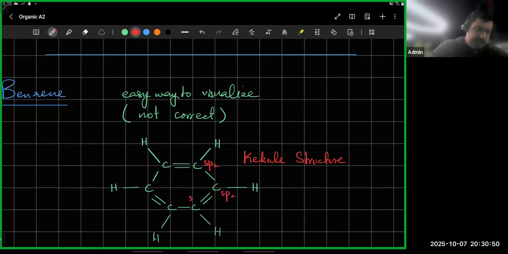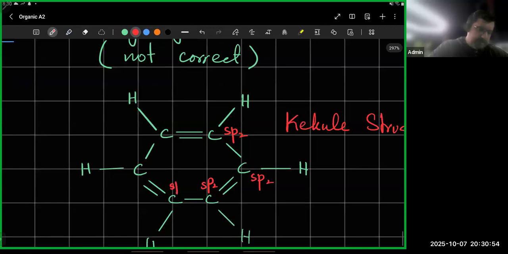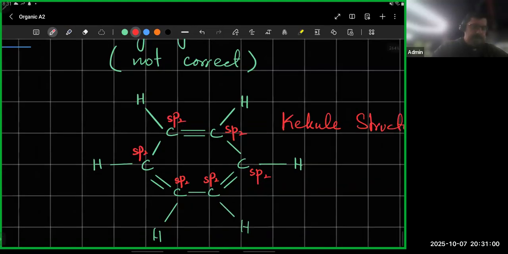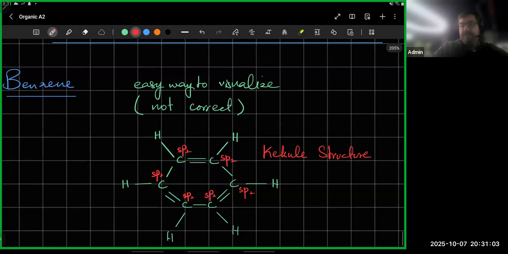So they are all sp2 hybridized. If somebody asks you what the bond angle is, you would tell them that it's 120 degrees. So this is C6H6, right? Is this clear?